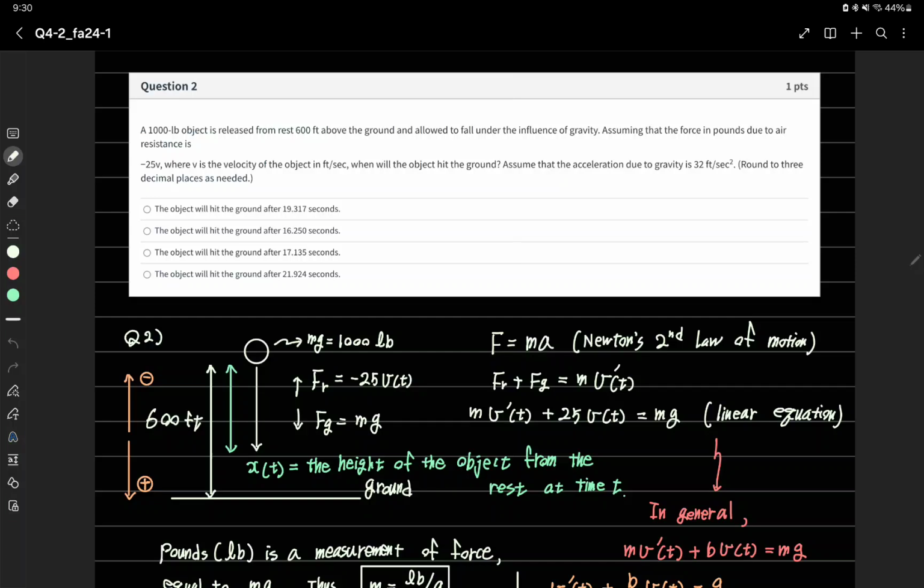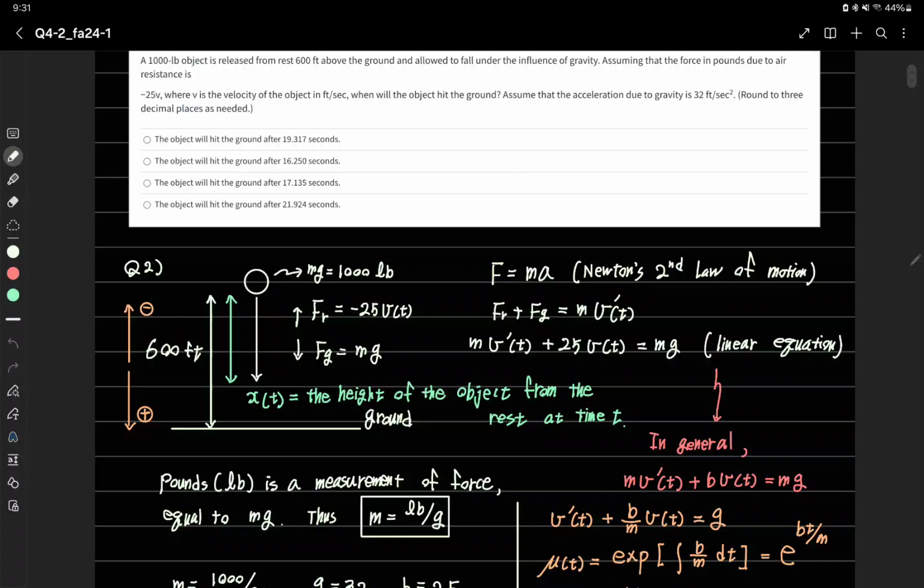Assume that the acceleration due to gravity is 32 feet per second squared. So here is the thousand-pound object, here is the ground, and it is 600 feet above the ground.